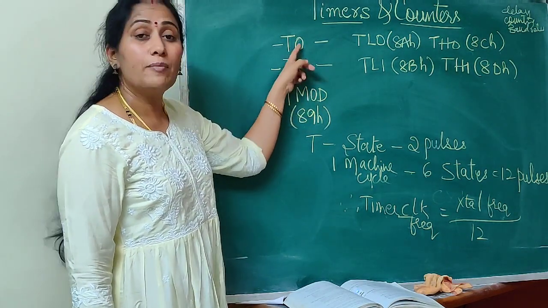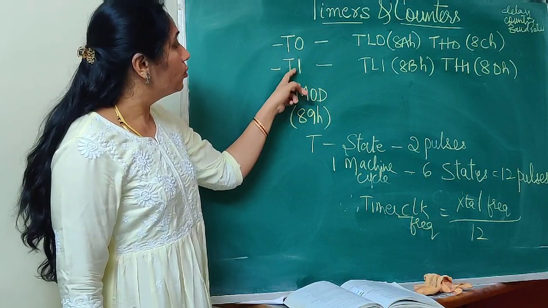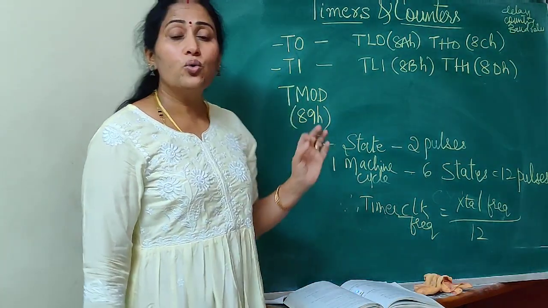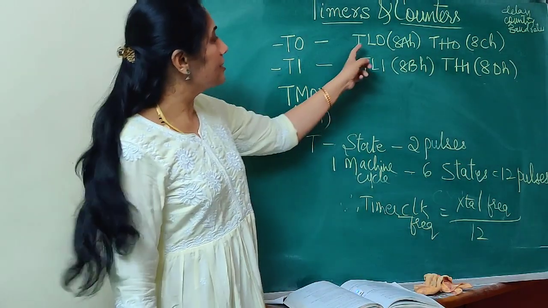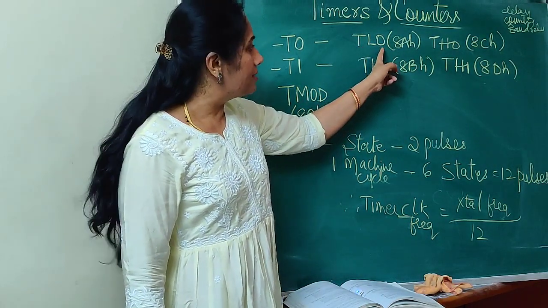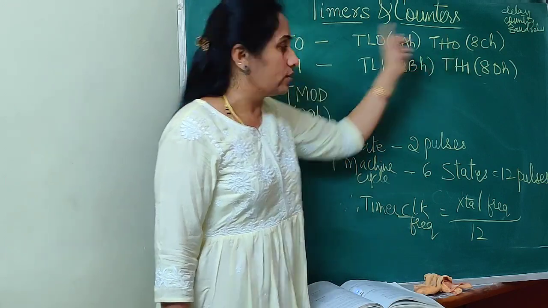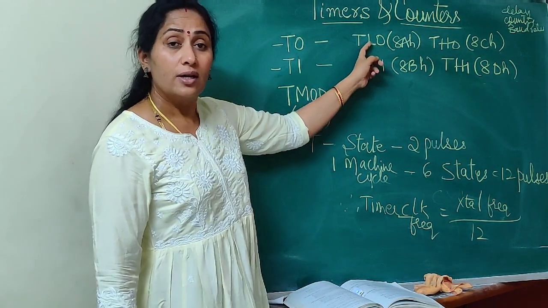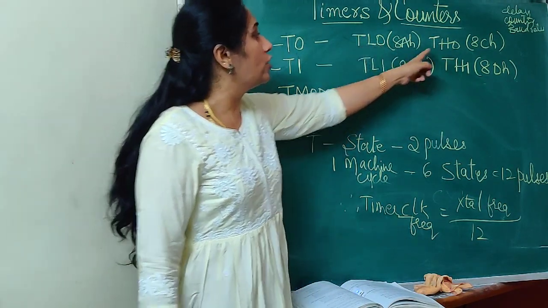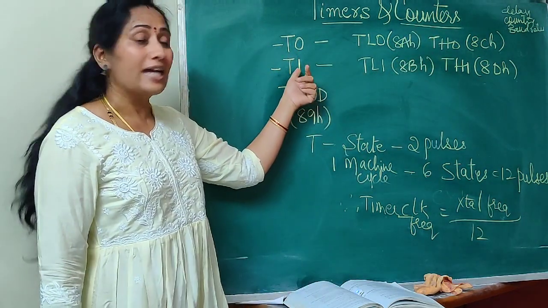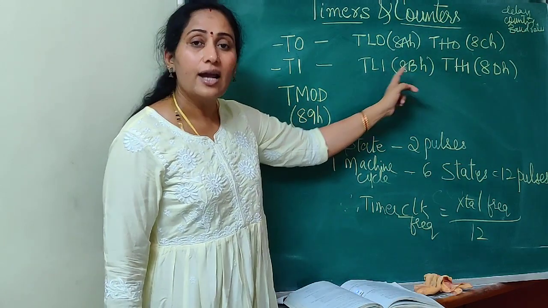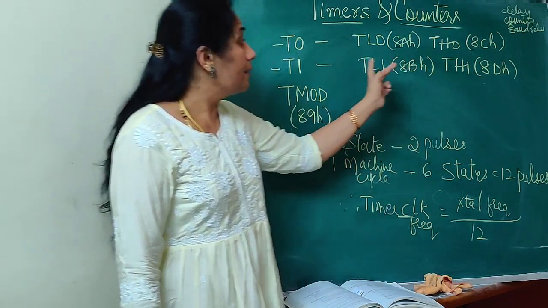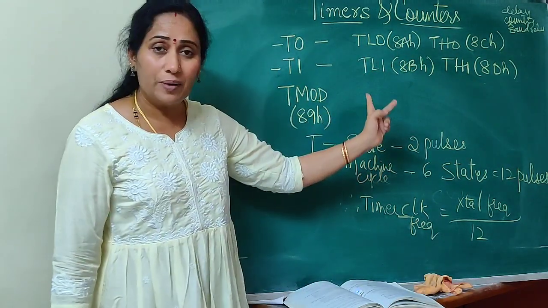These are 16-bit registers, and each is made up of two 8-bit registers. Timer 0 is made up of two 8-bit registers, TL0 and TH0, and timer 1 is made up of two 8-bit registers, TL1 and TH1.